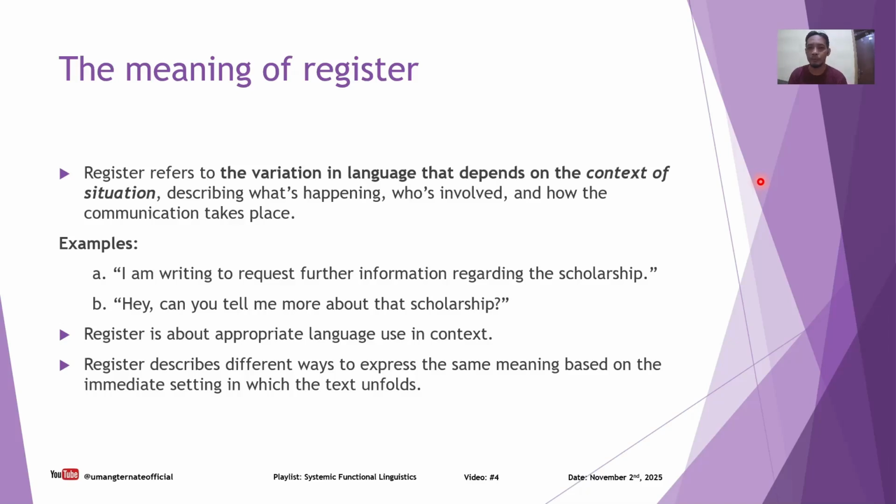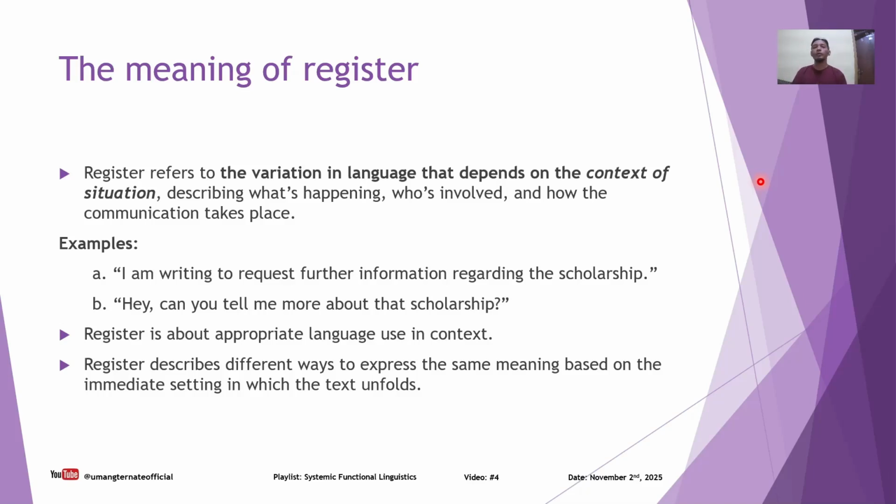In other words, how can we identify the context of situation based on the text itself without looking outside the text? Halliday believes that the context determines what we say and what we say determines the context.